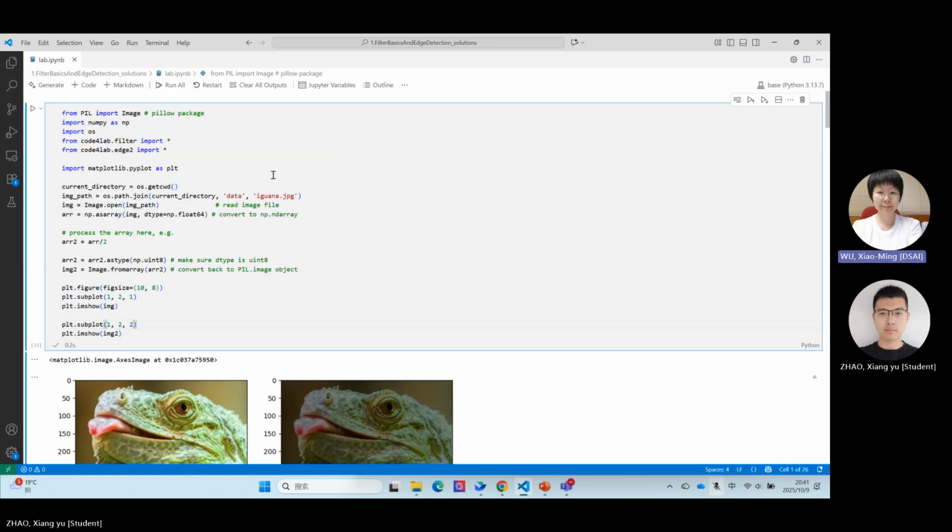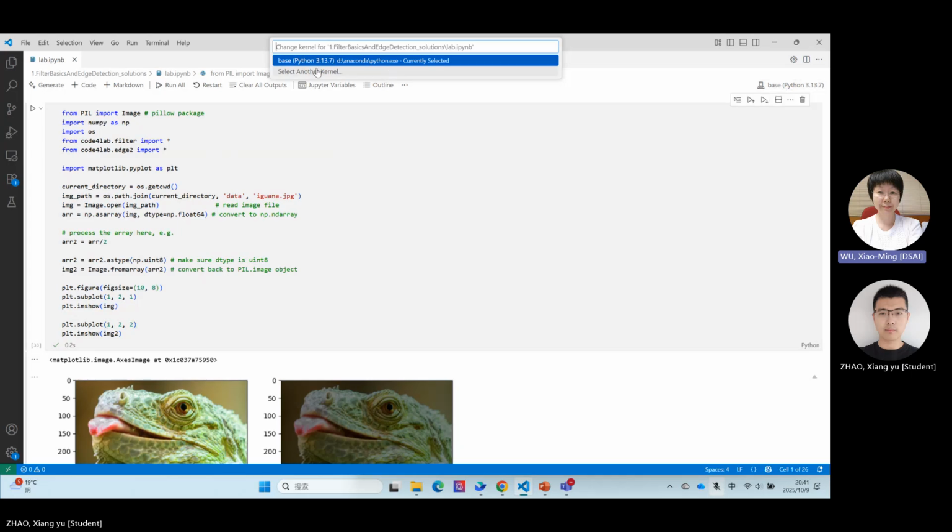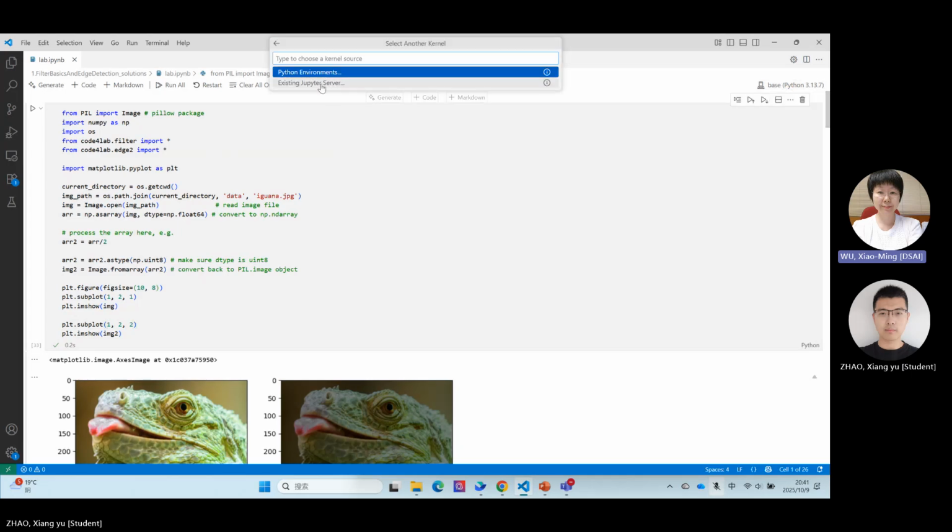You can just download this from the official website, and then you need to add the Python environment to the interpreters. Take Visual Studio Code as an example. You can select this, select another channel, and in this place you can select your own Python environment.